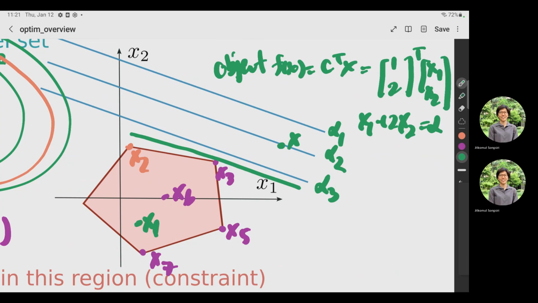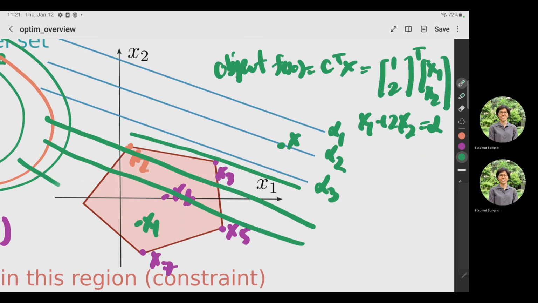But still, that level set still needs to be in touch with the constraint. Which one do you prefer? Yeah. So you move downward until it still gives you an intersection point with the constraint set. So in this case, x7 is optimal.